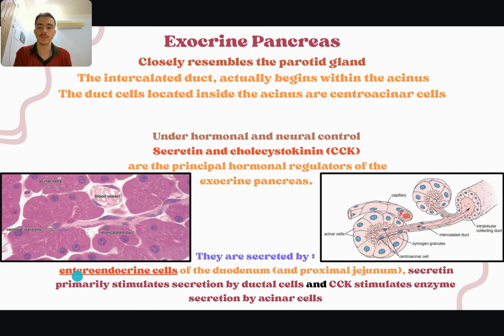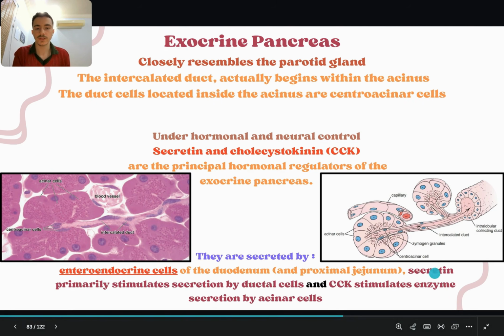They are secreted by endocrine cells of the duodenum and a little bit proximal of the duodenum. Secretin, the first one, primarily stimulates secretion by ductal cells. As for CCK, it stimulates the enzyme secretion by acinar cells. Okay, acinar cells.